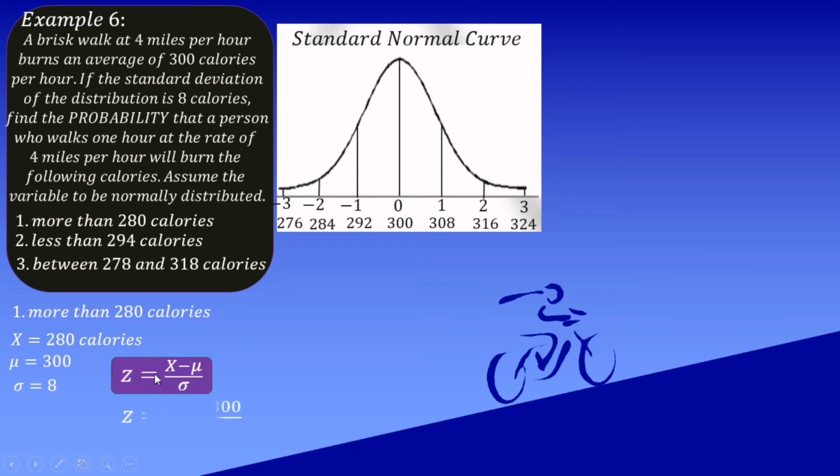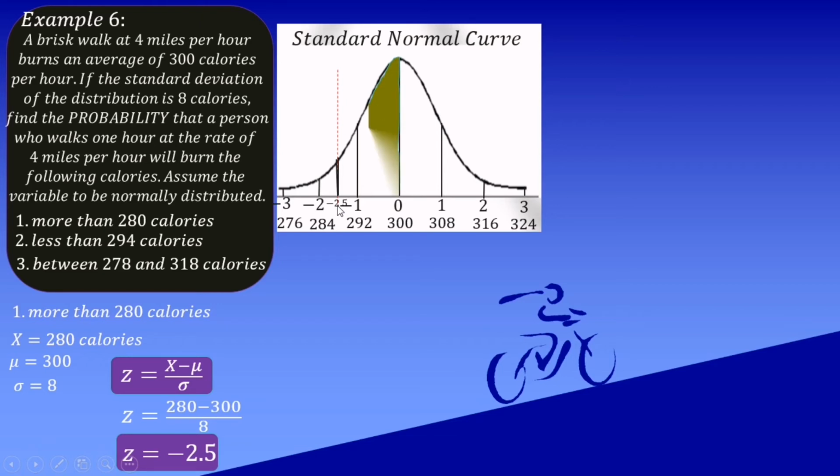Then substitute: x is 280 minus mu is 300, divided by sigma or the standard deviation, z is equal to negative 2.5. So ilocate natin yung negative 2.5 in our z-score, dyan between negative 3 and negative 2. So therefore yan ang ating value of z-score.